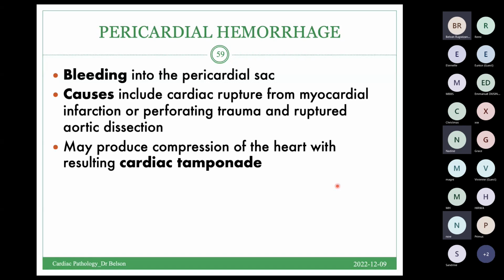So the pericardial hemorrhage, it can be caused by bleeding in the pericardial sac, and the causes are many. Usually it is trauma, ruptured, for example, ruptured aortic dissection, nibindi.